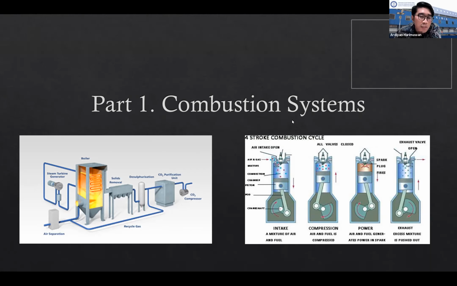Yeah, okay. Basically, combustion is a process of the oxidation of fuel, right? So you oxidize the fuel, so you can get heat. Besides heat, the product of combustion will be CO2 and H2O, carbon dioxide and water. But that's not the only product, right?